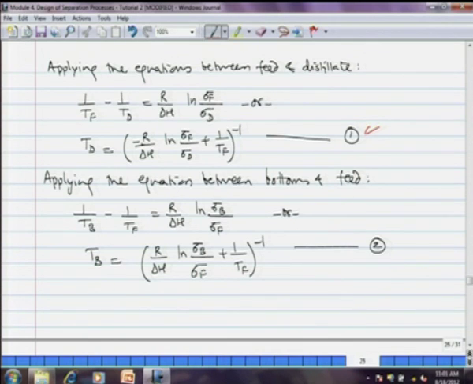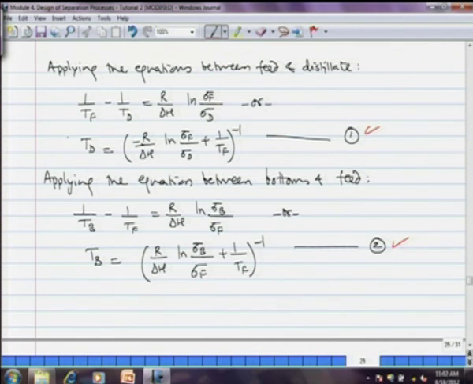So, 1 divided by Tb minus 1 divided by Tf, 1 and 2 becoming B and F, is equal to R by delta H into ln sigma B by sigma F, okay. And then we again make it explicit in terms of Tb. Tb is equal to R by delta H into ln sigma B by sigma F plus 1 by Tf, raised to minus 1. So, we have the second expression for Tb.